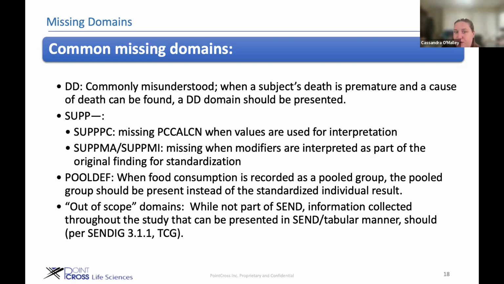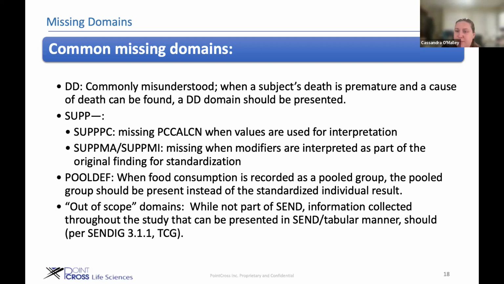This occurs when there are missing modifiers that were interpreted as part of the original finding, as opposed to being modifiers of the finding. This is where the premature CT normalization comes into play. If you're doing your CT too early, before you're evaluating for the original results and standardized results, you're going to be including a lot of those modifiers into the base result and not getting the appropriate modifiers out.